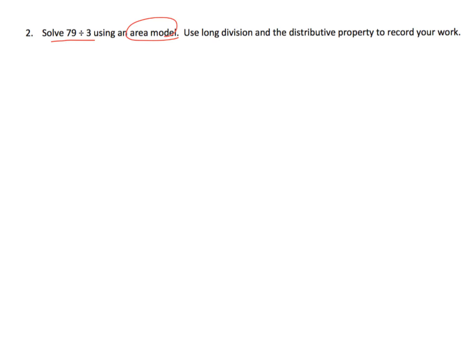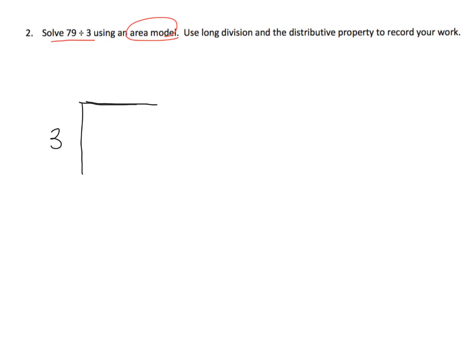So the idea is to think of a rectangle, and because we're dividing by 3, that means the height of the rectangle is 3. Now the idea would be, how wide is that rectangle going to be? And we're going to think in terms of tens, multiples of 10.